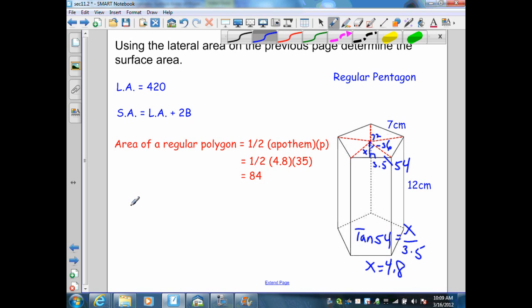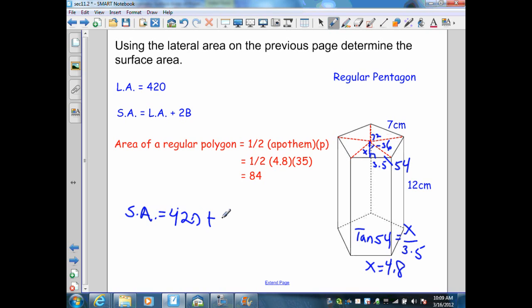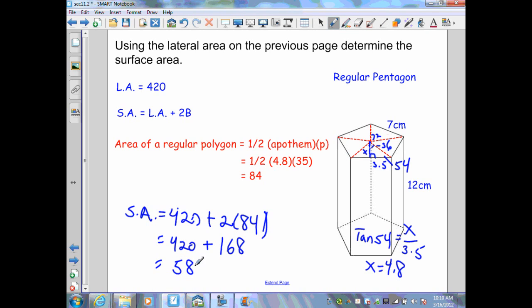Now, for the surface area, I take the lateral area, which I know is 420, plus 2, because I have two bases, times 84. That gives me, when I simplify, 420 plus 2 times 84 is 168. And when I combine 420 and 168, I'm going to get 588.